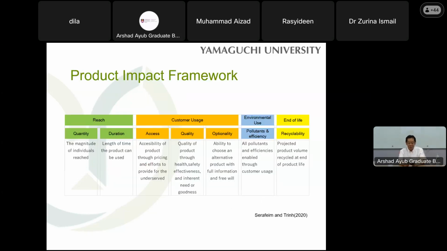And this is a very brief explanation of the product impact framework. If you are really interested in the basic approach and the framework of the IWAF, you can search for business school and impact accounting.